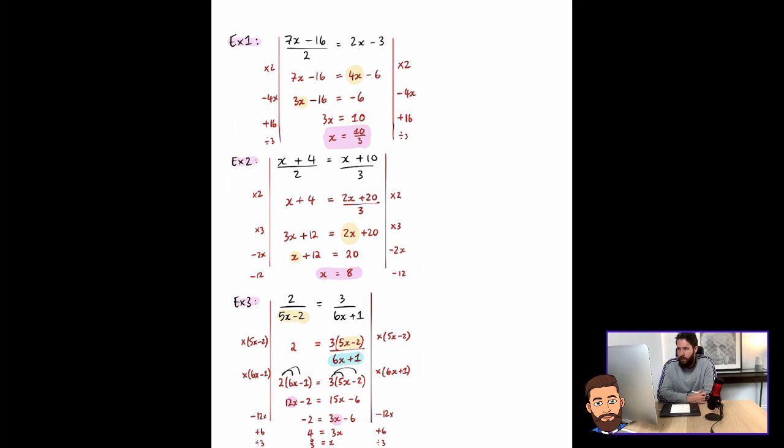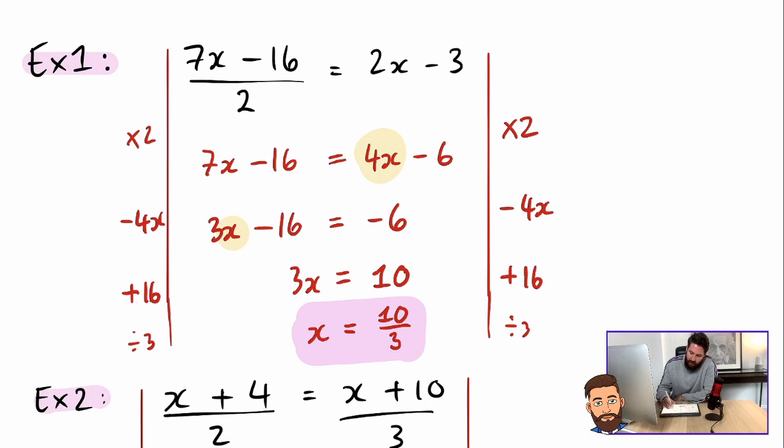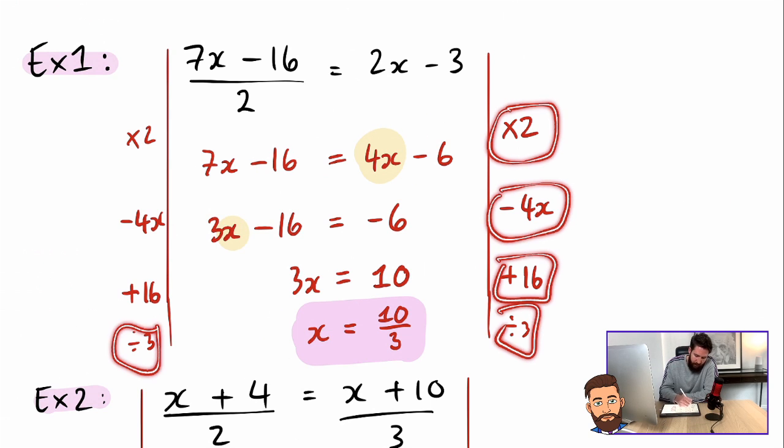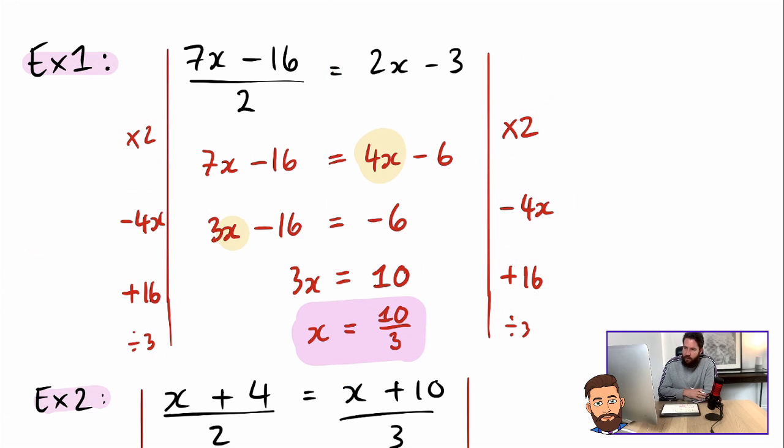However you lay it out, just make sure you are consistent with the way it looks, and it's organized and easy to follow for you and someone that's marking it as well. If someone was marking these questions here, they could clearly see what I was doing. I'm telling them what's happening on the side. And it's nicely laid out with my equal signs in line. So it's easy to follow, which means it's easy for someone to give you marks.